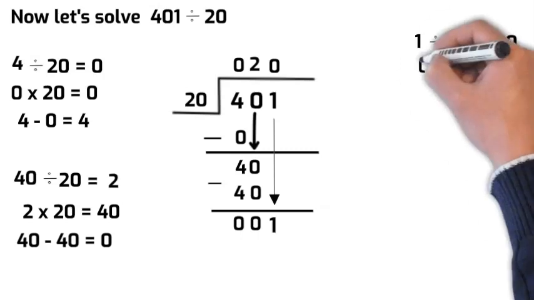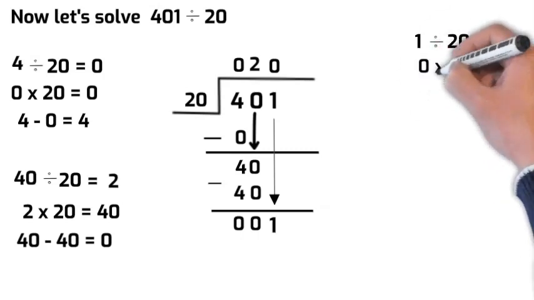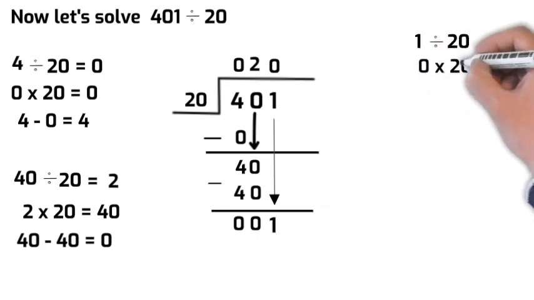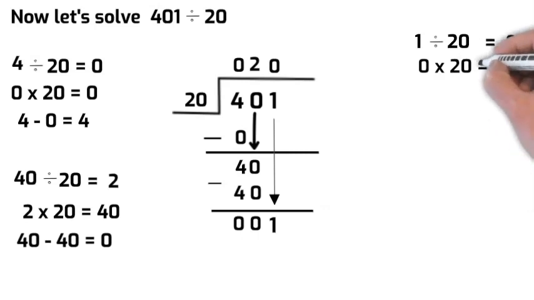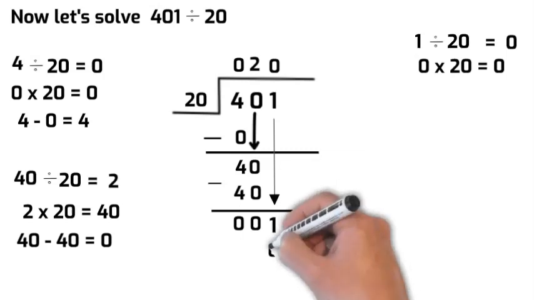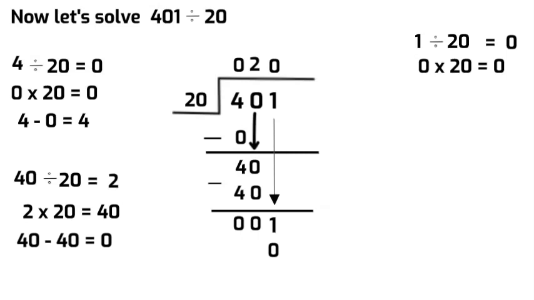Next, we say 0 times 20. 20 is our divisor. 0 times 20 is 0. We go to the bottom of the third digit of our dividend and write down 0.